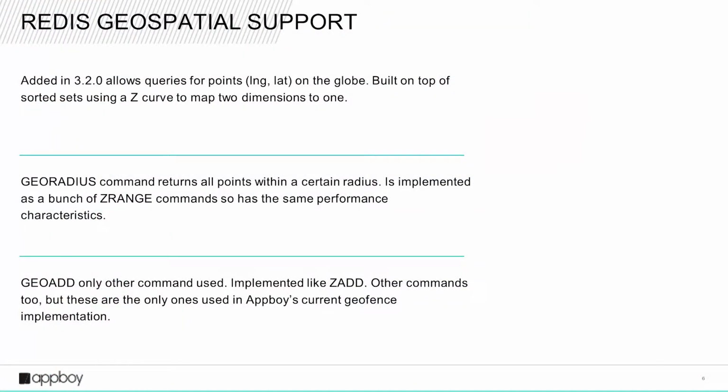Then you use the georadius command. It returns all the points within a certain radius in that sorted set. It's implemented using a bunch of zrange commands. So if you know the properties of zrange, then georadius gives you the same properties. That's one reason we were confident in using it, because we use sorted sets all the time at Appboy. So we know that they perform at the scale we need them to.